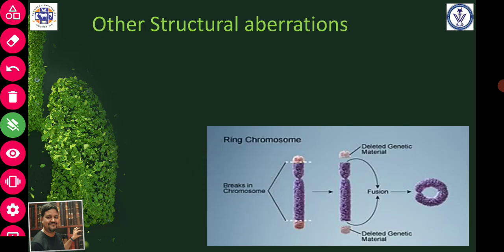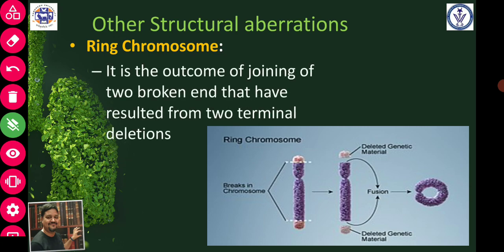Now there are a few other structural aberrations. The first one is the ring chromosome. So what is a ring chromosome? There will be terminal deletion of a segment of a chromosome on both ends, and due to this deletion the ends of this chromosome will become sticky.